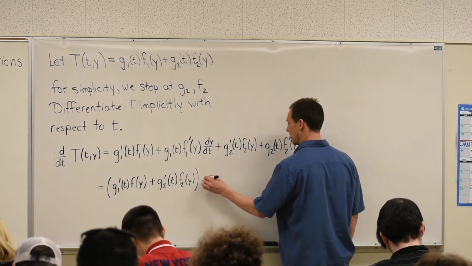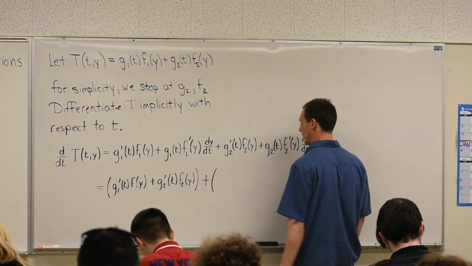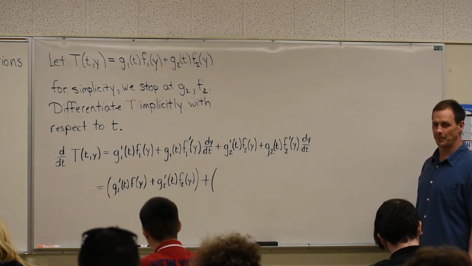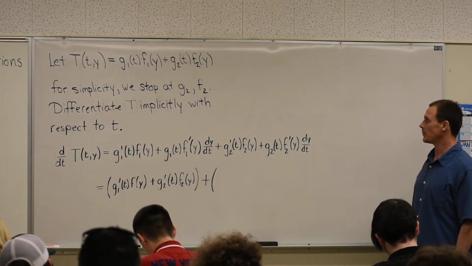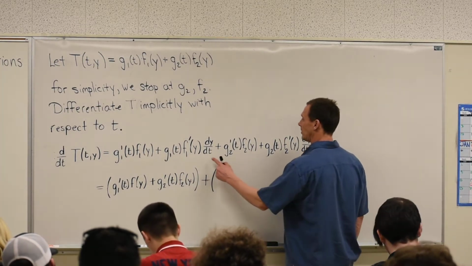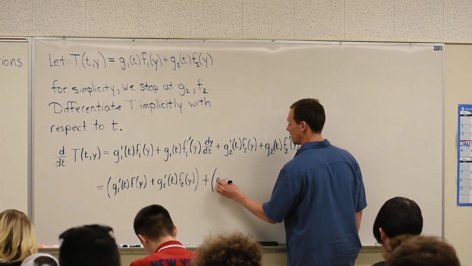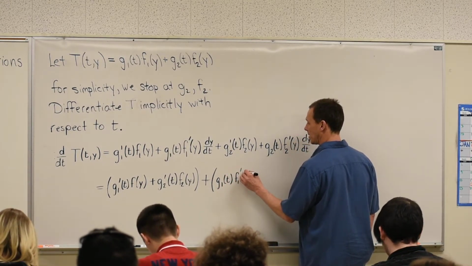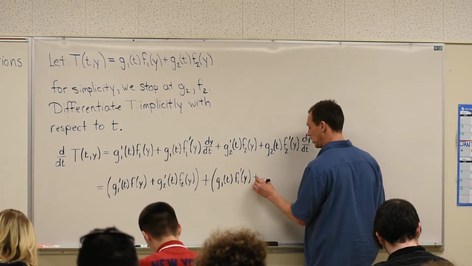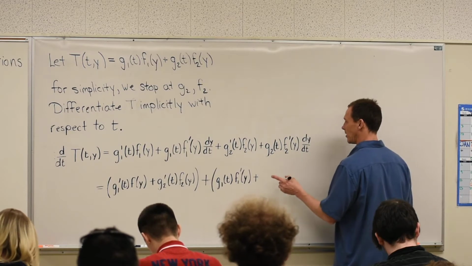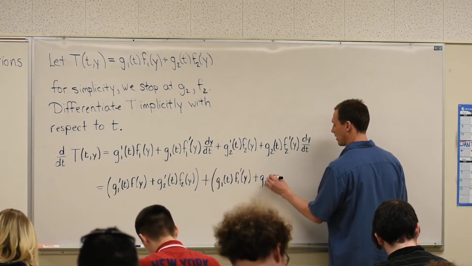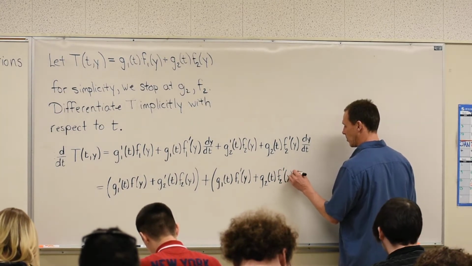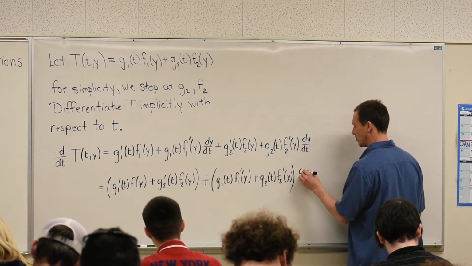Plus another big parenthesis. And this time we're going to pick up the terms that have the dy/dt's in them. So I get G1 of t F1 prime of y plus G2 of t F2 prime of y, big parenthesis, dy/dt.